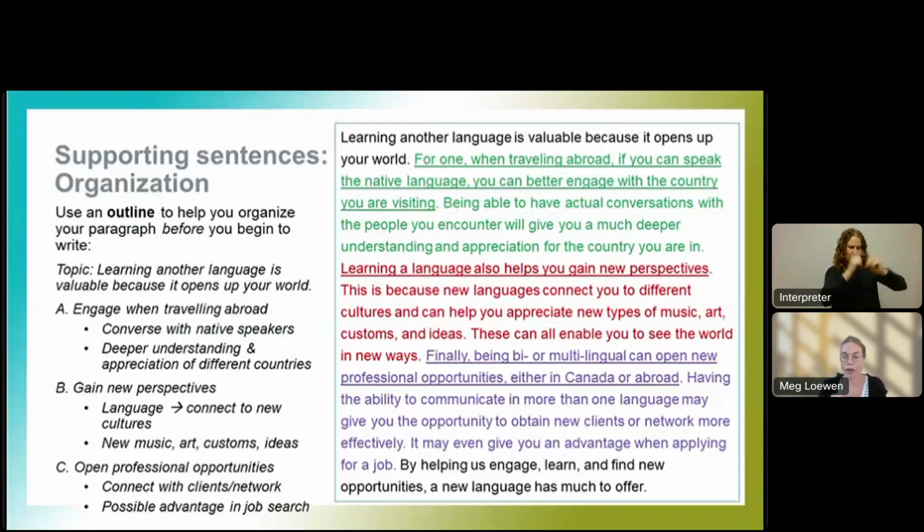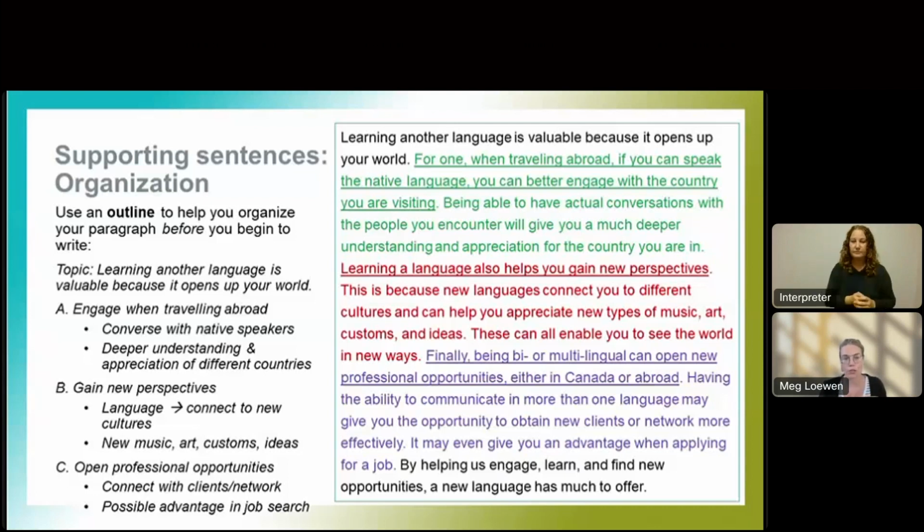So in my sample paragraph, here's the reverse outline that I've created. I pulled out my topic, which was my topic sentence, and I put that near the top of my outline, because remember, everything else must connect to that topic sentence. And then you can see my three parts, A, B, and C. So A is engage when traveling abroad, and in bullet points, I write down the development of that specific idea from my paragraph.